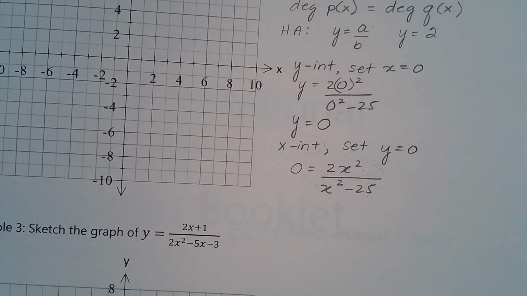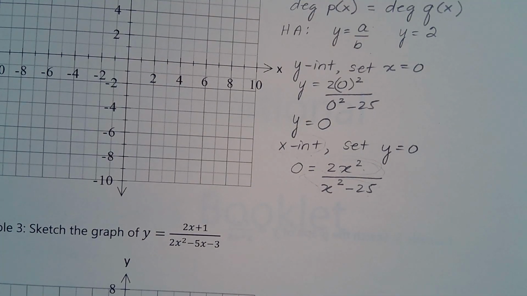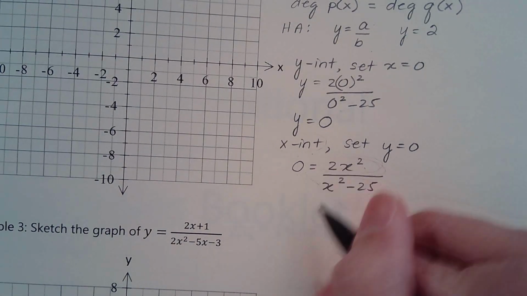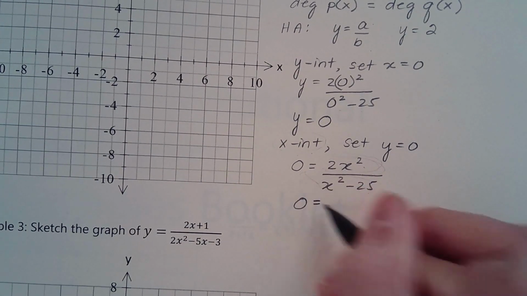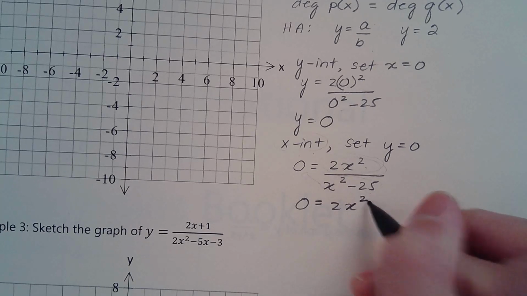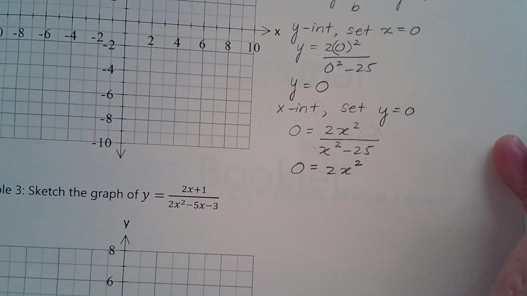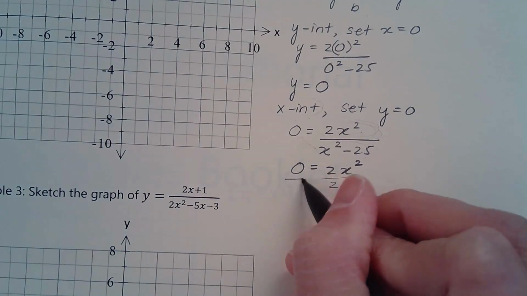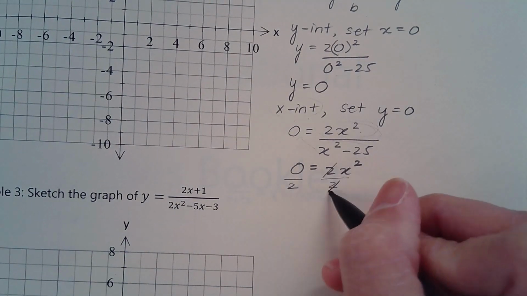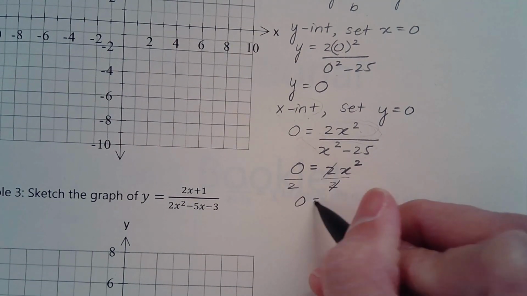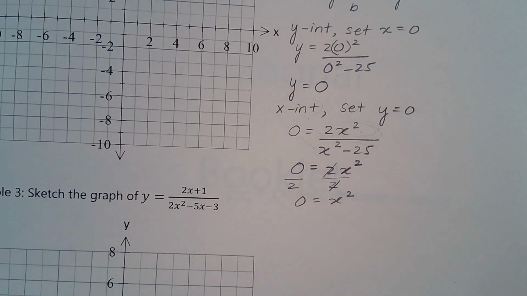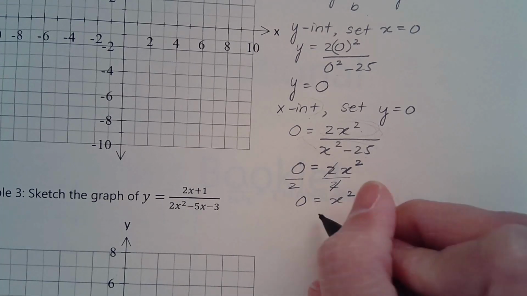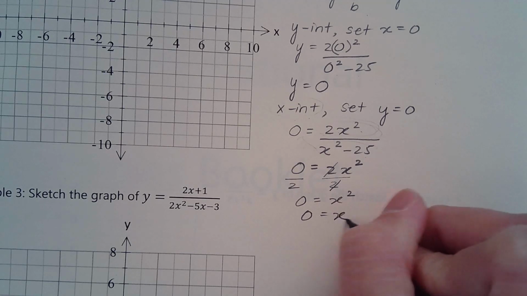It's cross multiplied with 0, it's going to be 0. So 0 equals 2x squared. Divide by 2, that cancels, and you get 0 equals x squared, and then square root, it's going to be 0.